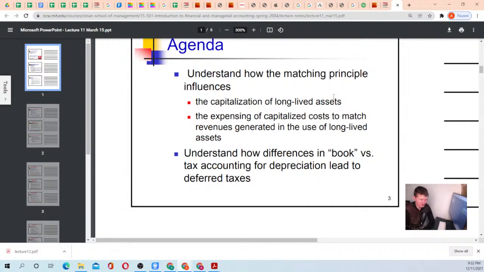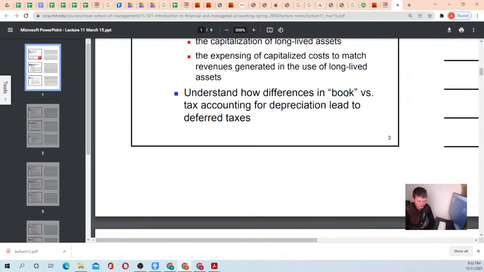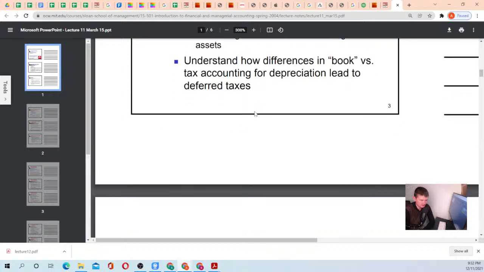So we cannot expense some of those assets right away. Most long-term assets cannot be expensed right away. And we didn't do much on book versus tax accounting because it's kind of a complicated topic for us to look at right now.